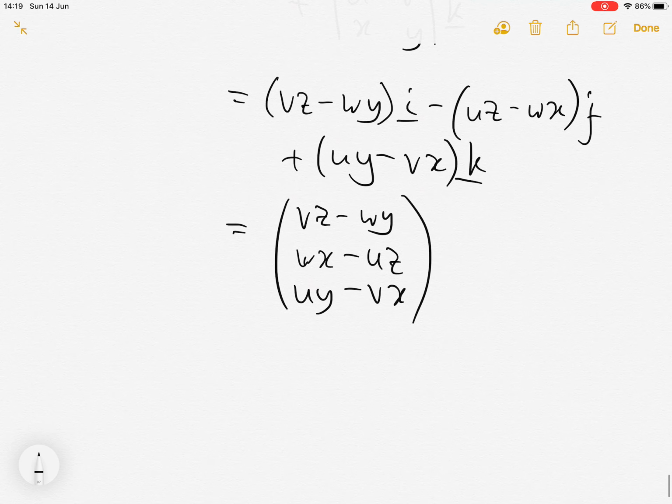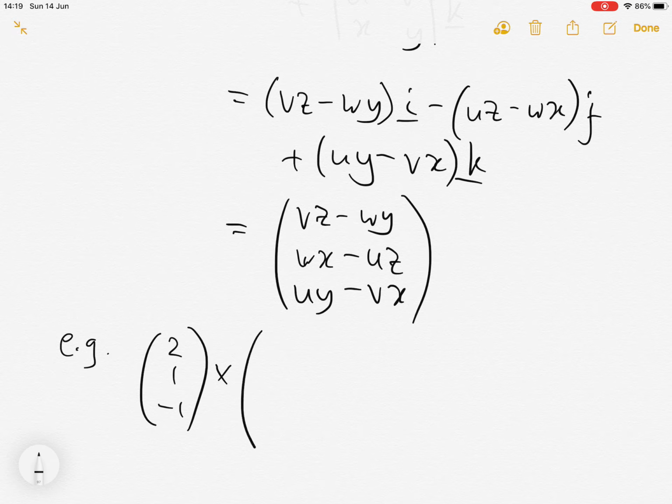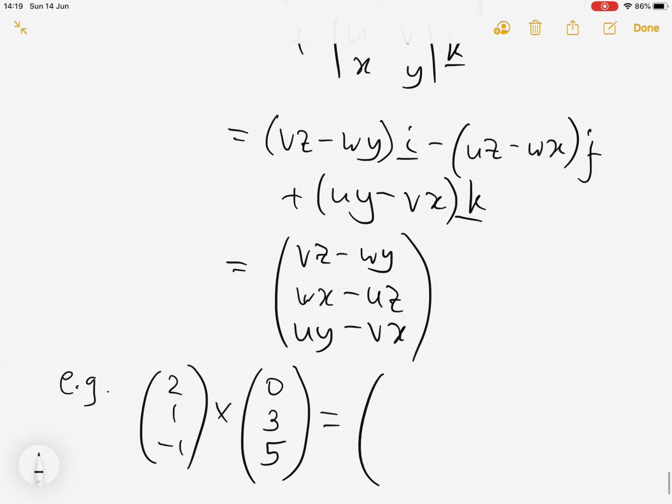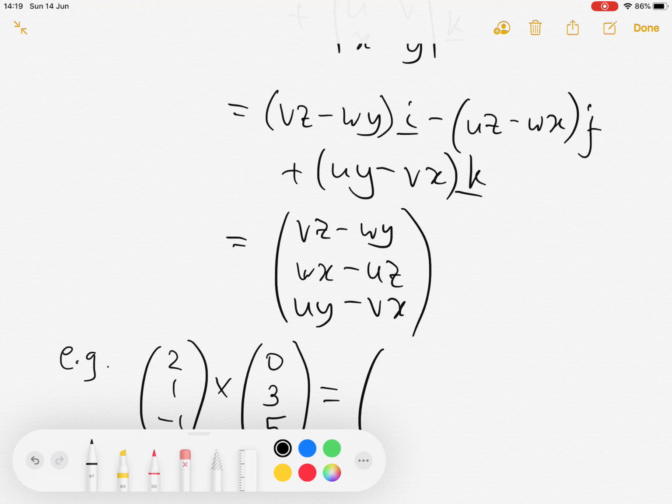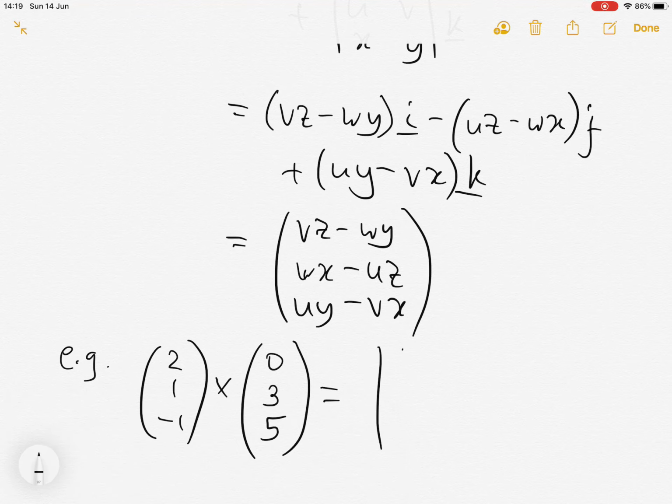So I put one question about that in the homework, but just to see an example, let's do (2, 1, minus 1) cross (0, 3, 5). Okay, so to work out the first entry, you can, if you want, do the determinant with rows i, j, k, 2, 1, minus 1, 0, 3, 5.